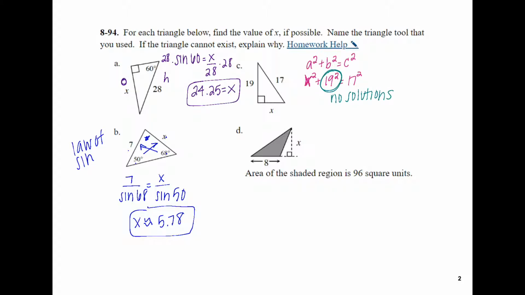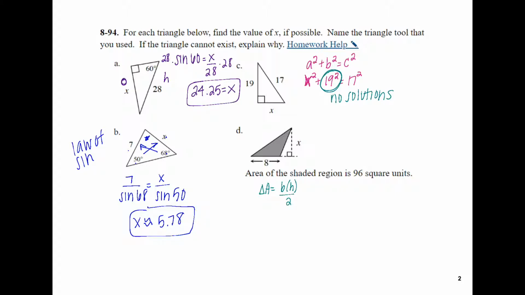Looking at letter D, it says the area of the shaded region is 96 units squared. Find x. So we know that our base is 8. So if we look at the area of our shaded region, the area of a triangle is the base times the height divided by 2.